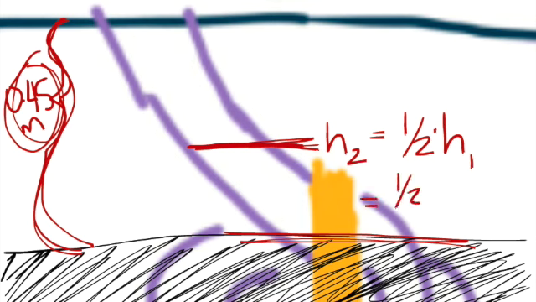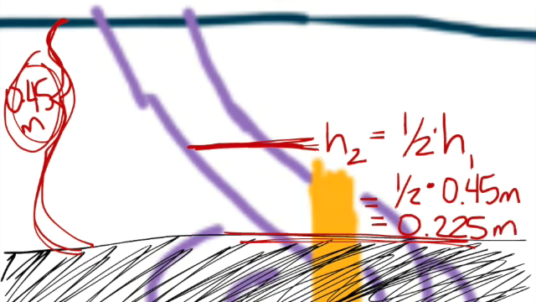So we do 1/2 times 0.45 meters, and that comes to 0.225 meters.